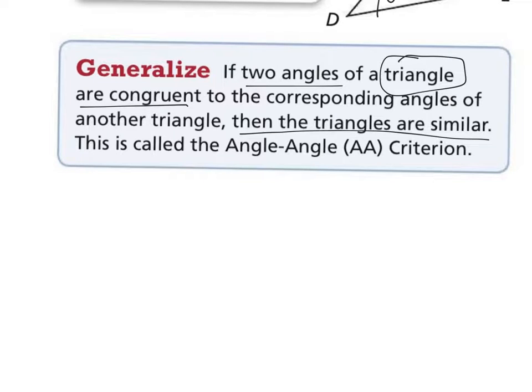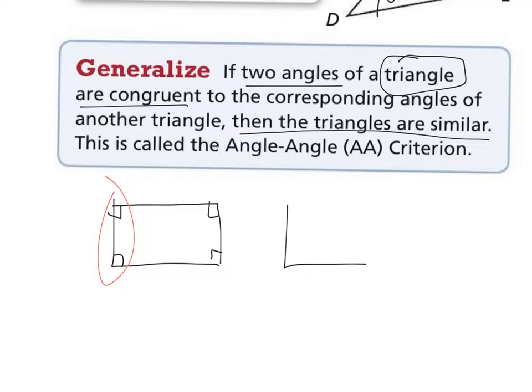We can't do this for rectangles, or quadrilaterals I should say. I could have a rectangle, obviously there's two right angles there. I could have another quadrilateral that has two right angles, but just because it has two right angles, like the other one, this quadrilateral is not going to be the same.